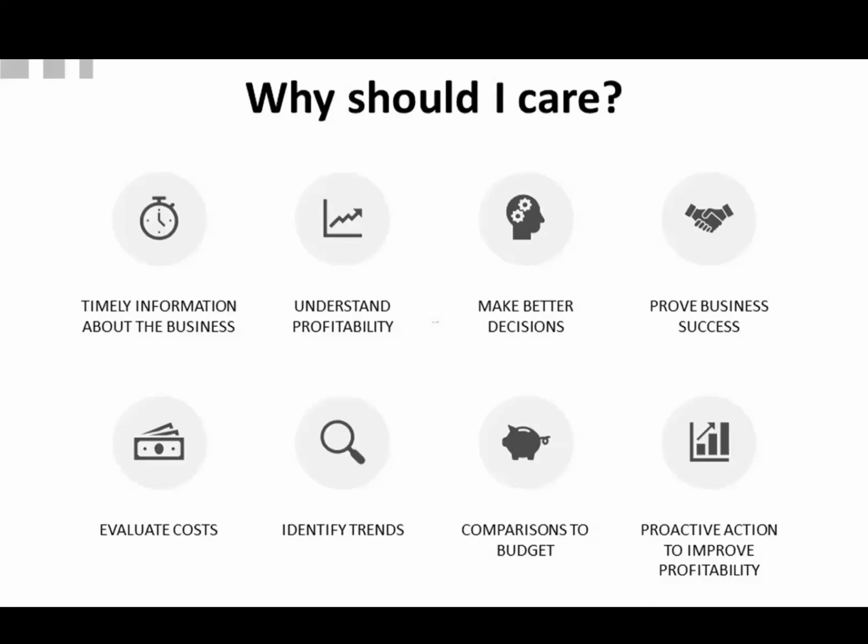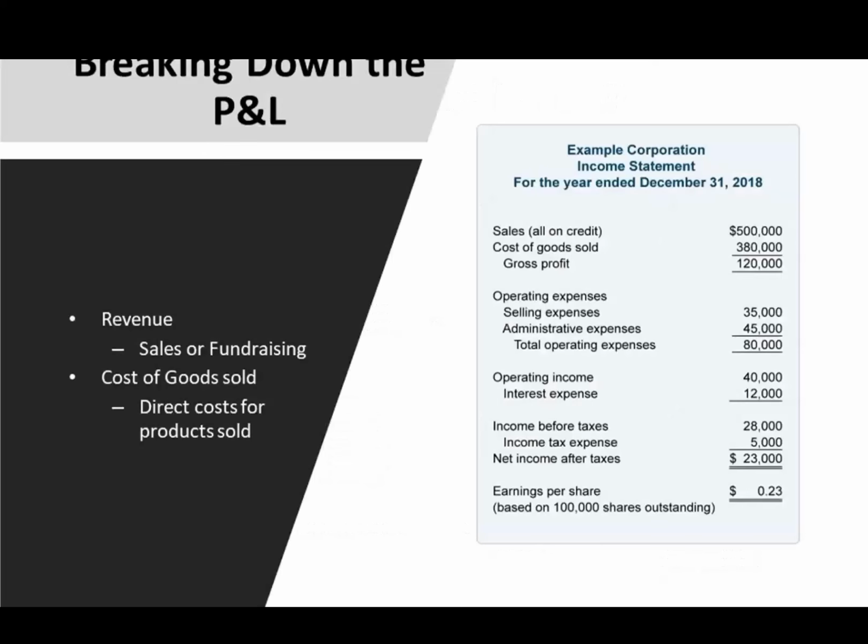So let's break down the components of a profit and loss statement and talk about what each of them means and some of the kinds of variables that come into play. Now, as I go through all of this, realize that there's lots of different types of businesses, and there's a lot of variation in how businesses will record revenue, will classify expenses.